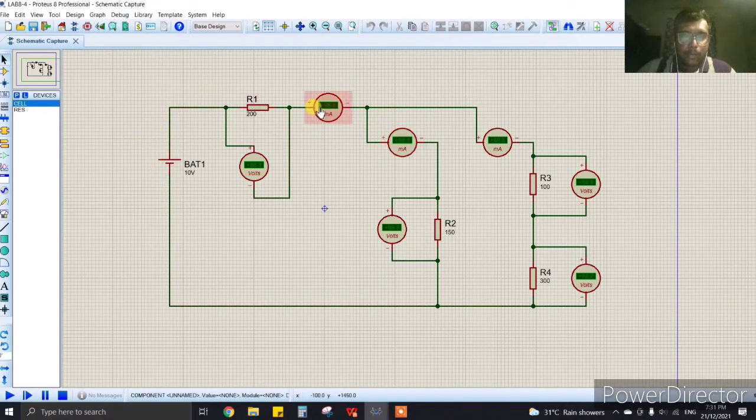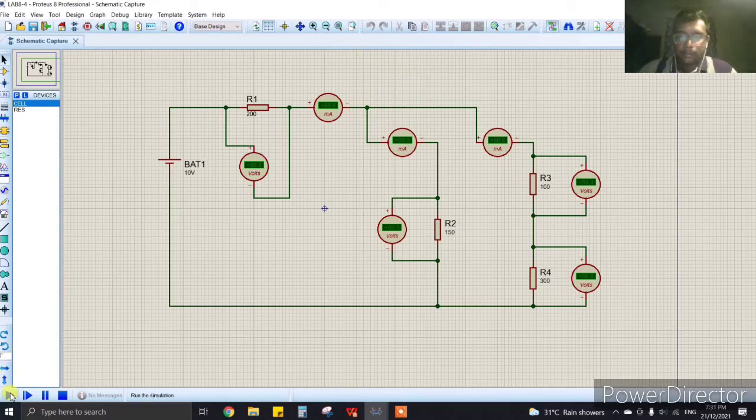For branch 1, it is connected in series with R1. Ammeter 2 is connected in series with R2, and ammeter 3 is connected to R3 and R4. These circuits are connected in a node. This is the node for this current circuit, and this is where Kirchhoff's law comes into play.